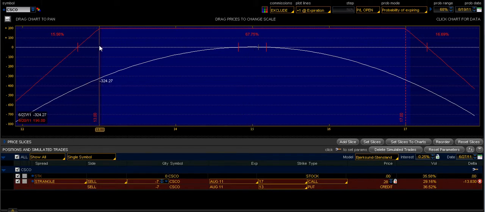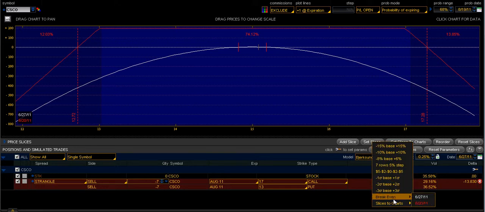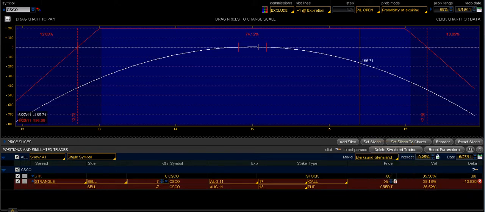Now we do have to adjust because we're selling these options. We're getting paid to do it. So we take our 28-cent credit applied to each side, and our true break-even chance is actually 74.12%, which, hey, I'll take that.